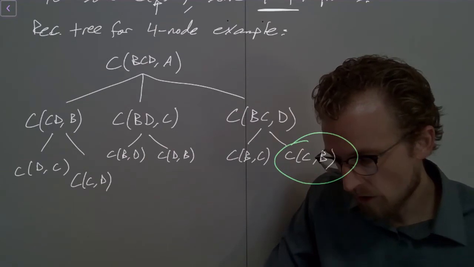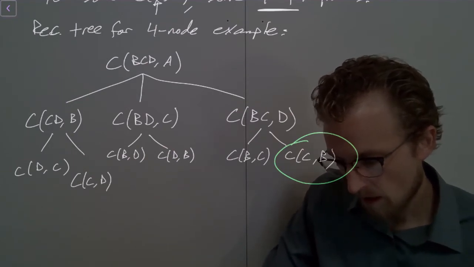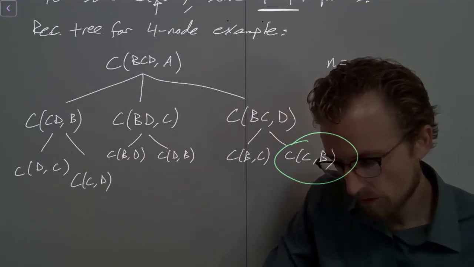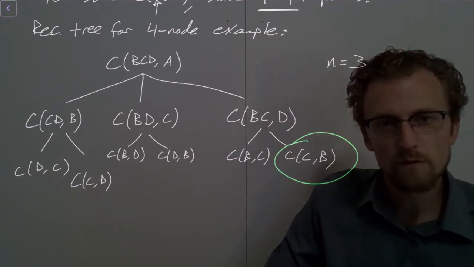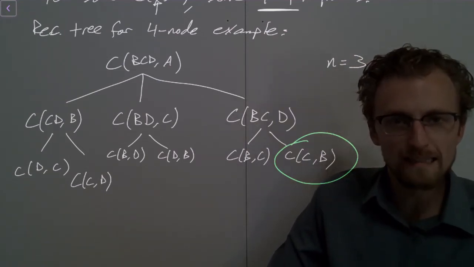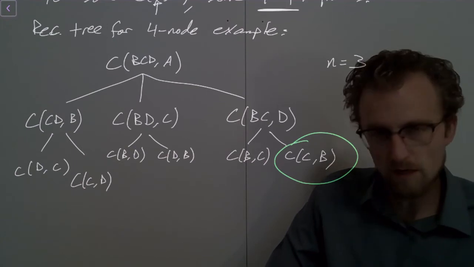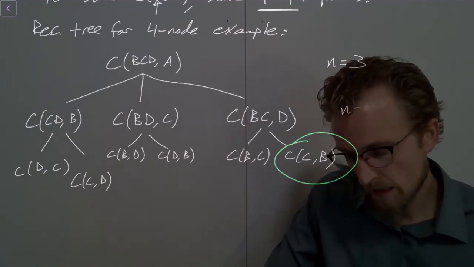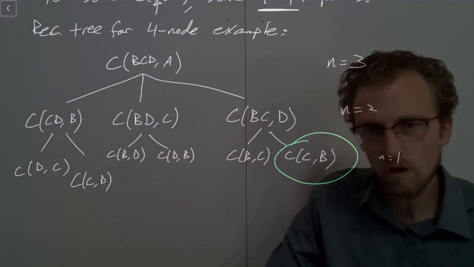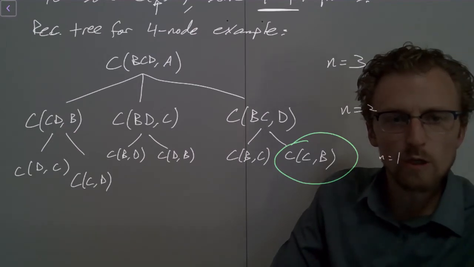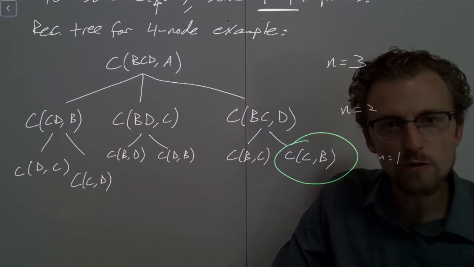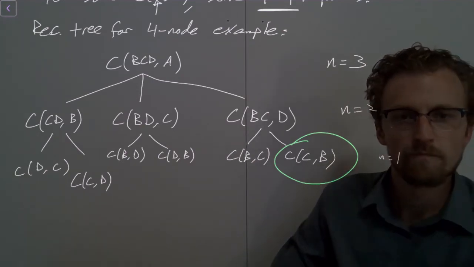So let's see what's going on here. We've got n equals 3 here. If you like, we're asking for a path of length 3 or 3 plus 1, and then we've got n equals 2 here, n equals 1 here. So let's think about what it would look like to build this into a recurrence relation that captures this recursive structure.